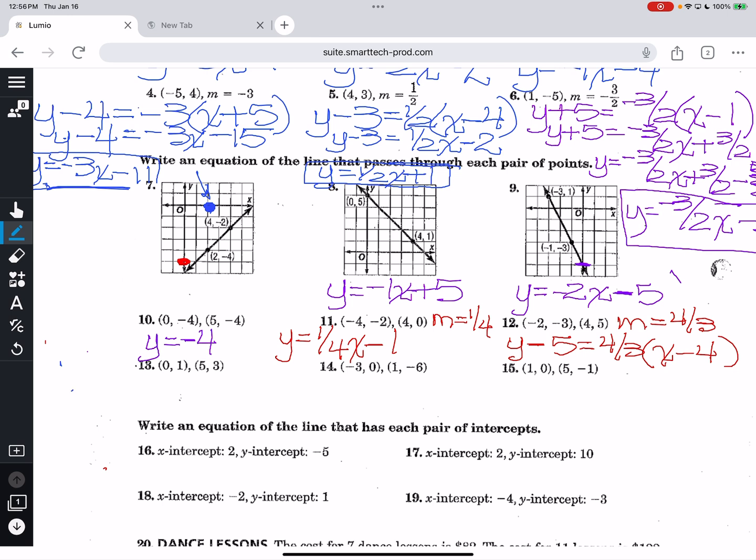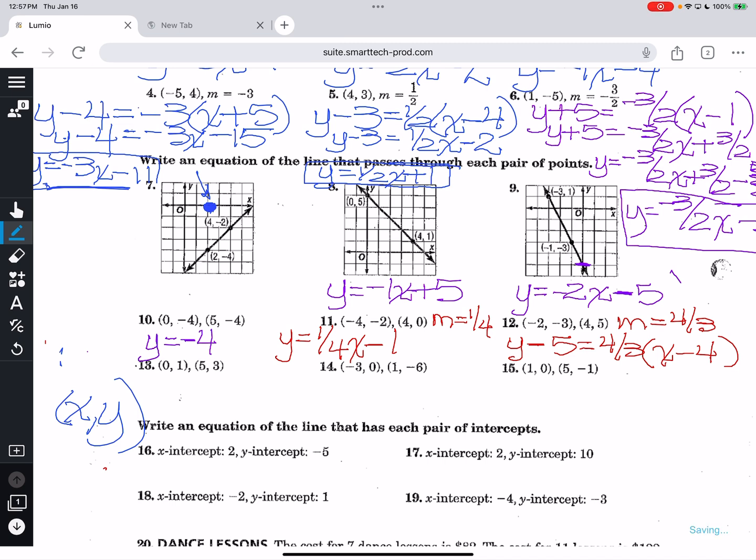Our ordered pair is always written x, y, right? What is the x value for the blue point? 2. What is the y value?